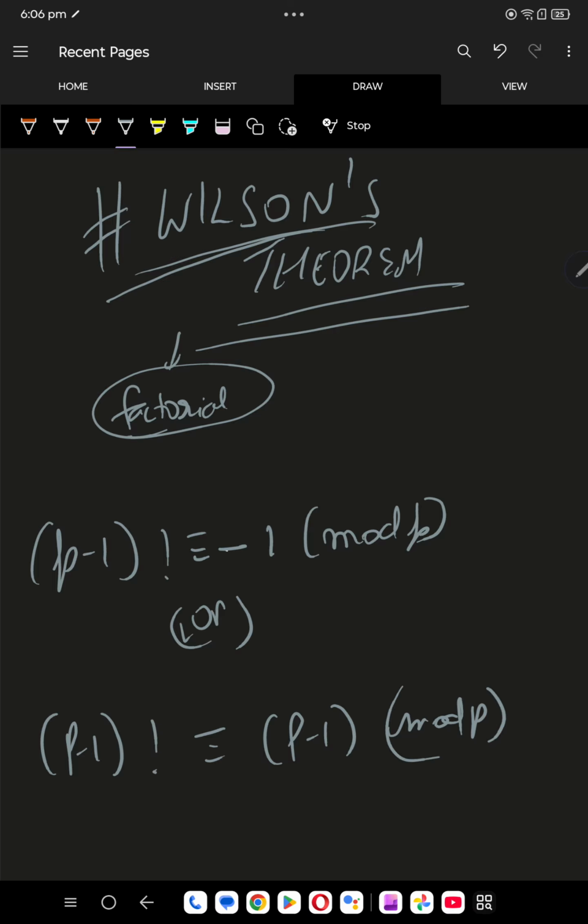This (p minus 1) factorial we can also write as (p minus 1) into (p minus 2) factorial, or (p minus 1) into (p minus 2) into (p minus 3) factorial. When we solve questions, I'm going to tell you about that.